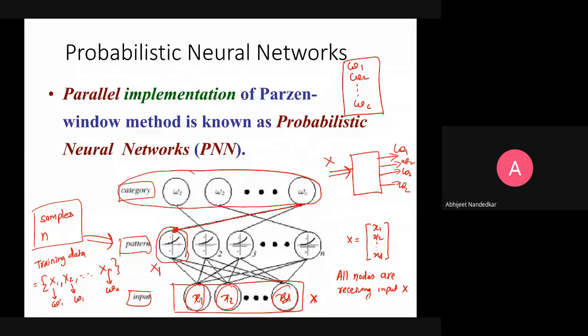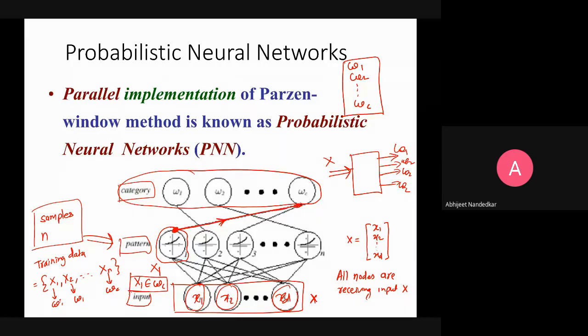So this will be a connection from the first node to the omega c node. It means that x1 belongs to category omega c. If it is the case, then and only then there will be a connection.